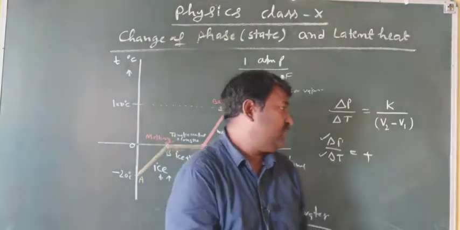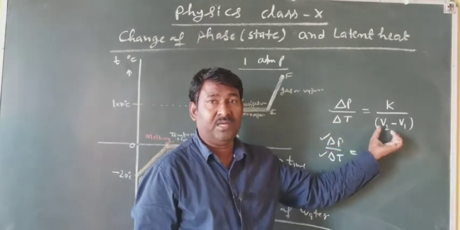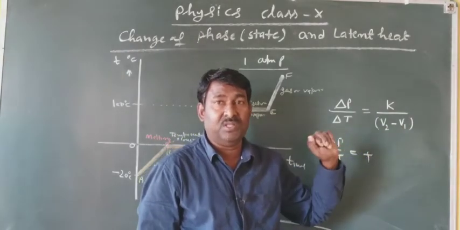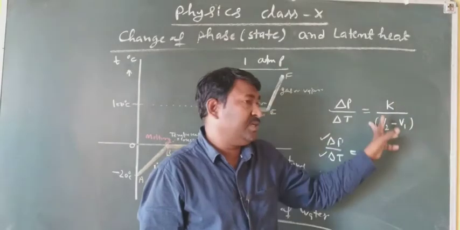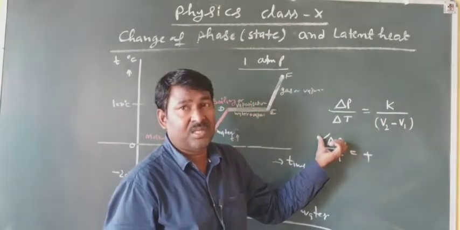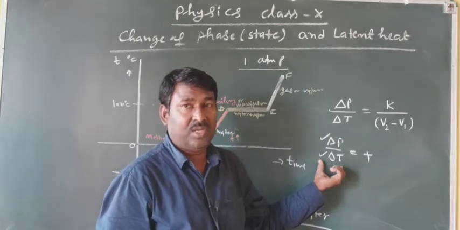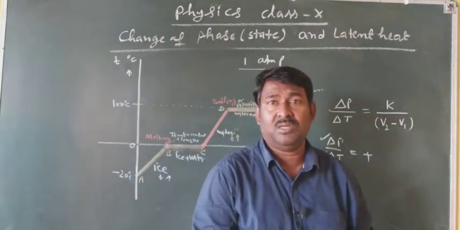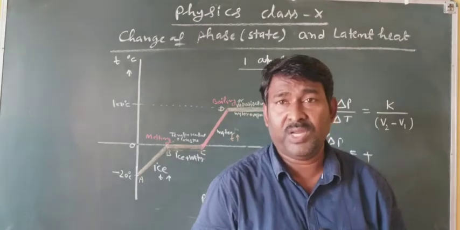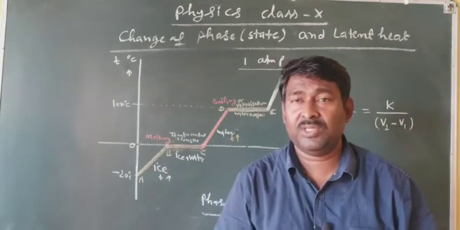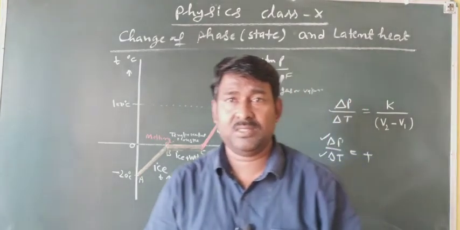That's why in the case of melting of ice, V2 is less than V1, thus this value will become negative, and hence if pressure increases, temperature decreases. This means when we increase the pressure, the melting point of ice will decrease.